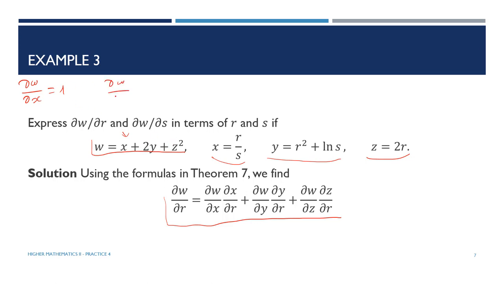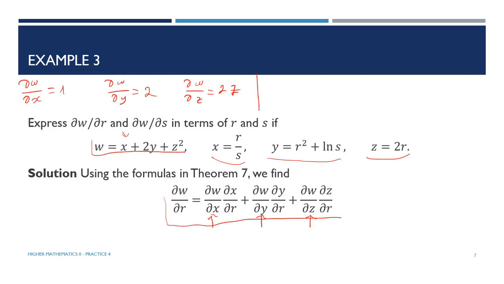So dw dy is 2. And dw dz is the derivative of z squared, so it's 2z. I just have calculated this one, and that one. Now I need dx dr, dy dr, and of course dz dr.